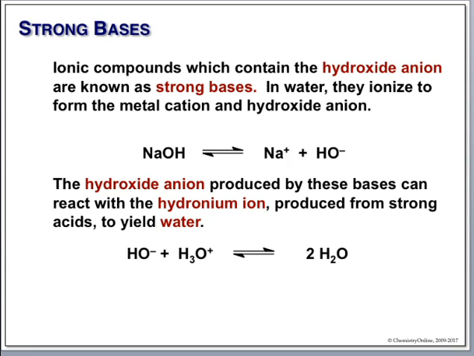Well, it can accept the proton from H3O, and we wind up with two waters. Way to think about this is if we had a solution of a strong acid and we added exactly the right amount of a strong base, what would we have? Water.